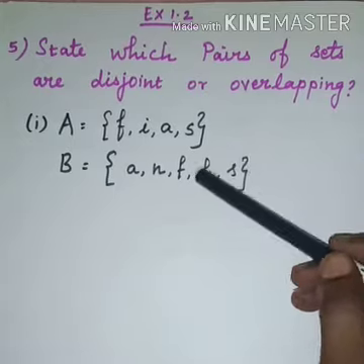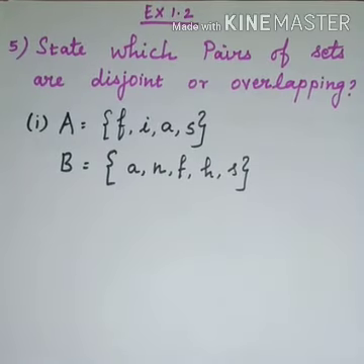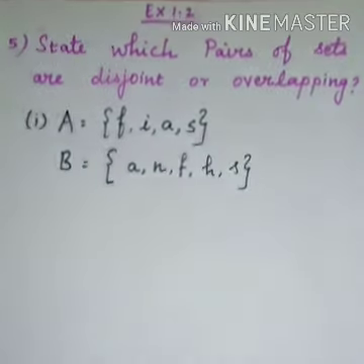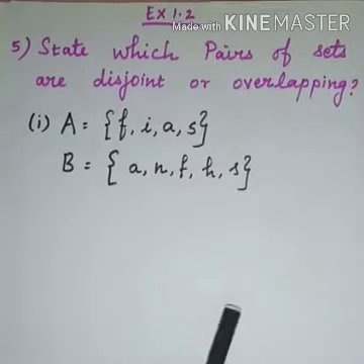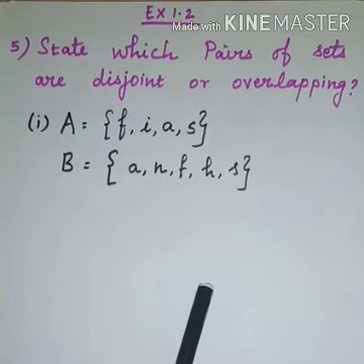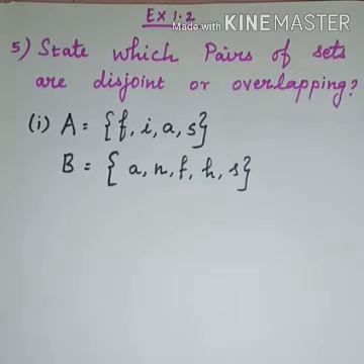If the two sets A and B have any one common element, then it is called overlapping. If the two sets have no elements in common, then it is called a disjoint set.